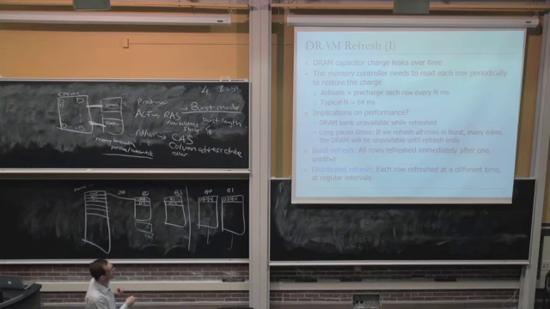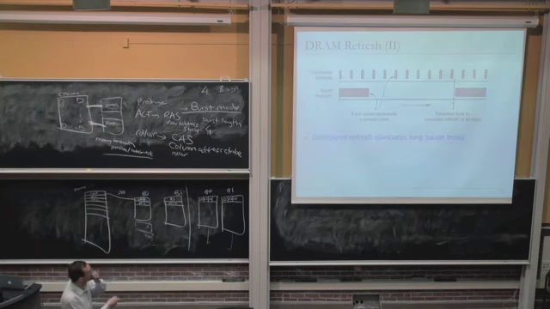Instead of doing burst refresh, refreshing all rows immediately one after another, you use distributed refresh. Each row is refreshed at a different time, but at regular intervals. And this figure is from a Micron DDR2 sheet, I think, on refresh. And this figure clearly explains what is burst refresh and distributed refresh, right?